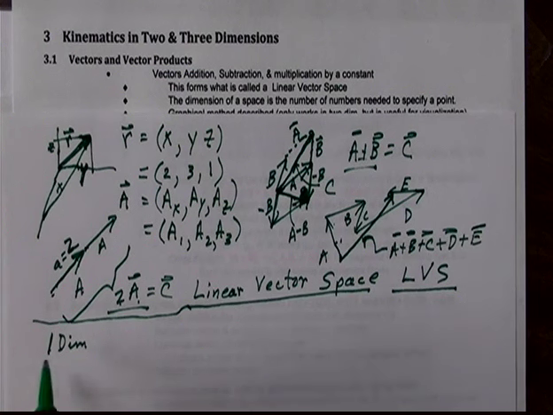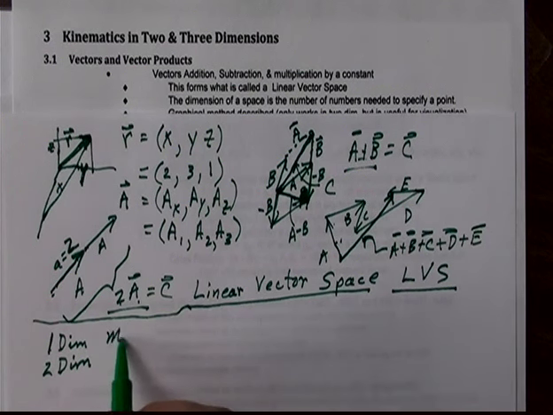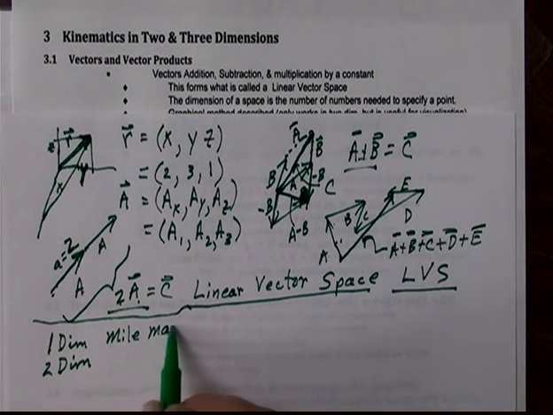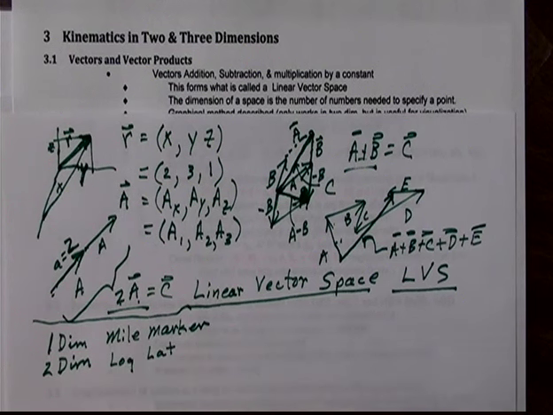On the surface of the Earth, we have a two-dimensional space, and that's because we can specify any point on the surface of the Earth or a plane by giving longitude and latitude. This would be mile marker. And an example here would be longitude, latitude.